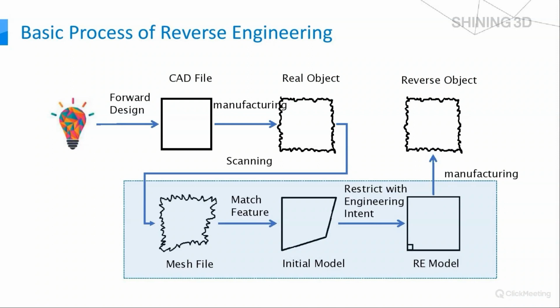And the final step will be how to use this model. On the screen, what we do is manufacturing, but you can also do more design, like improve this design, or based on the reverse engineering model, you can do your own design.